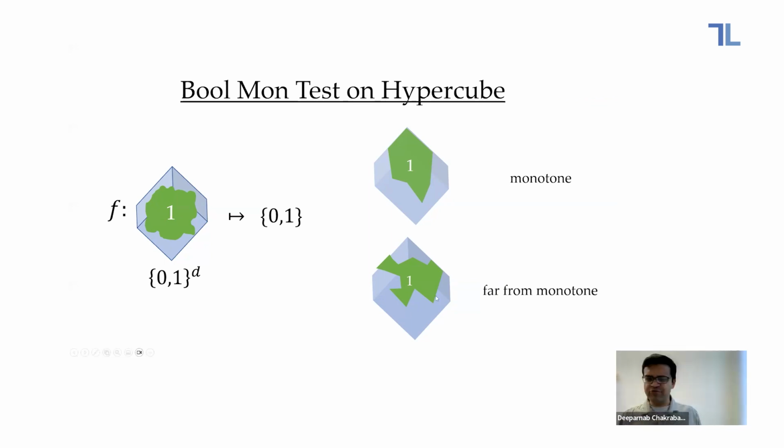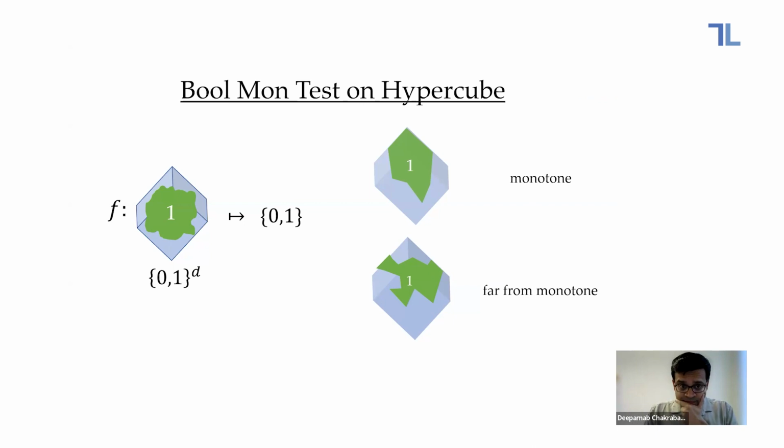So the far from monotone function is some sort of a jaggedy ball like this. I'm saying this because we're going to talk about isoperimetry theorems very soon, but those are the two dual views one should have. So a monotone Boolean function should be considered as these blobs in this hypercube.